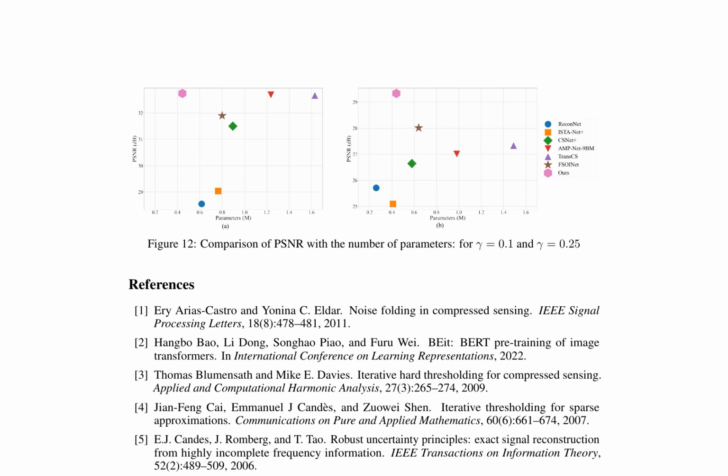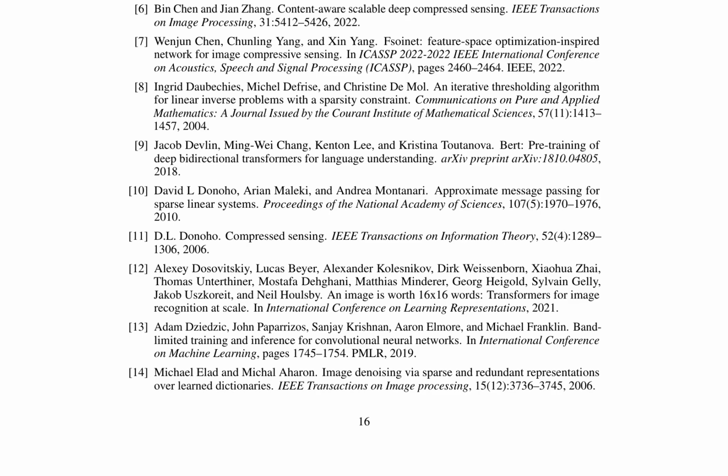The parameter count comparison with other models at different compression ratios is also presented, demonstrating MOSAIC's efficiency. The paper references several works on compressed sensing, including iterative hard thresholding, sparse approximations, and uncertainty principles. It concludes by emphasizing the significance of the chosen sampling matrix in achieving better reconstruction results.